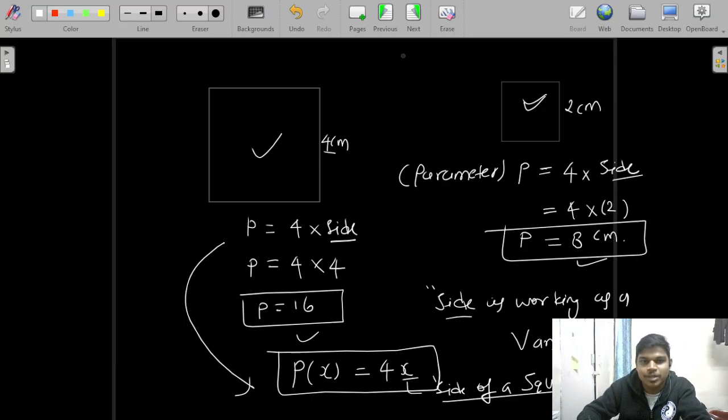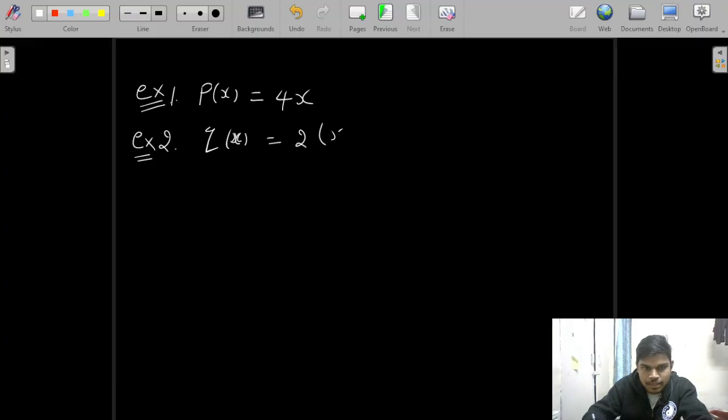So ultimately you can form a lot of examples. p(x) = 4x is example number 1, and example number 2 is q(x) = 2x + 2. This is also a polynomial.